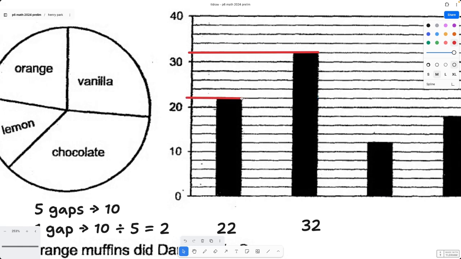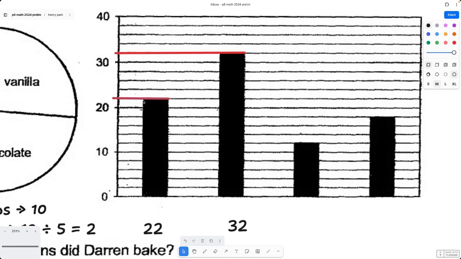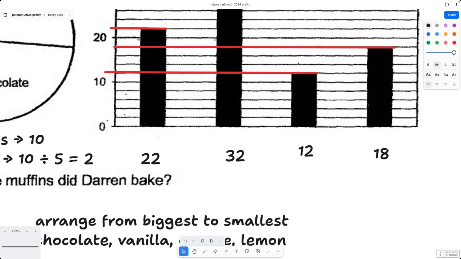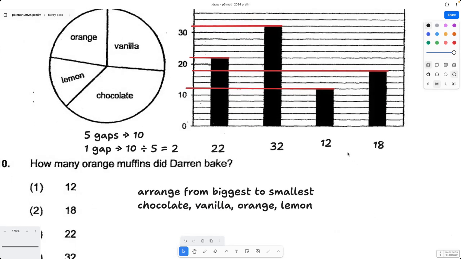The next one, let's see, I think it's 14. Oh, sorry, this is 12. So right here 12, and then lastly this one over here, let's measure it. This is 18. From here I think we can figure out which one is which.